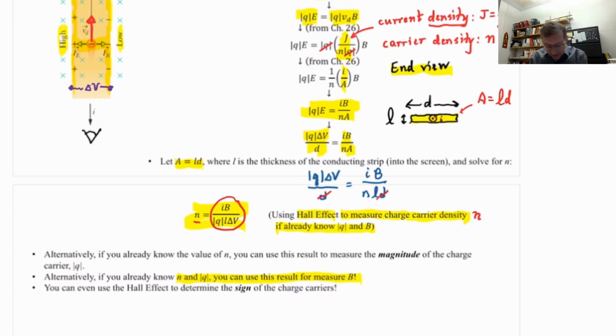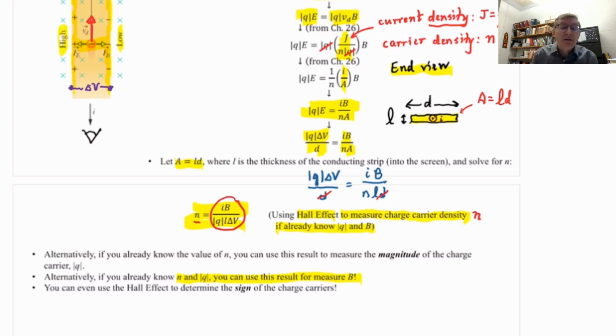And that, in fact, is probably the most common use of the Hall effect in modern times. Use it with a strip of conducting material for which you already know N and Q, and use it to measure B. Immerse the copper strip in some magnetic field and use this effect to measure the magnetic field. That is, in fact, what we're going to do in the next experiment in lab. We are going to use this Hall effect to measure B, the magnetic field. Okay?